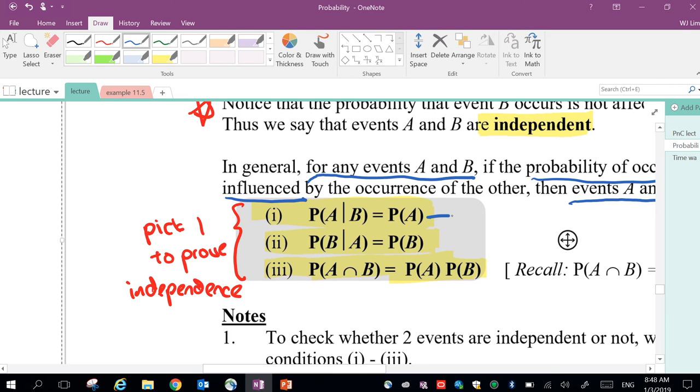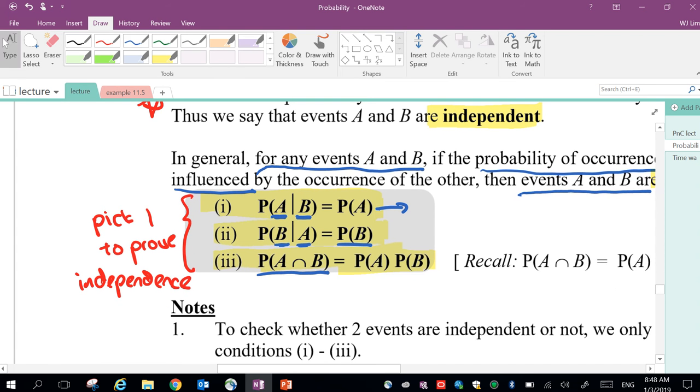Condition 1: why is this happening? If they are independent, the probability of A happening given that B happens, since they are not affected, should be the same as the probability of A. Clear about that? Likewise, part 2 has the same reasoning. For part 3, you show that the probability of A intersect B is P(A) times P(B).